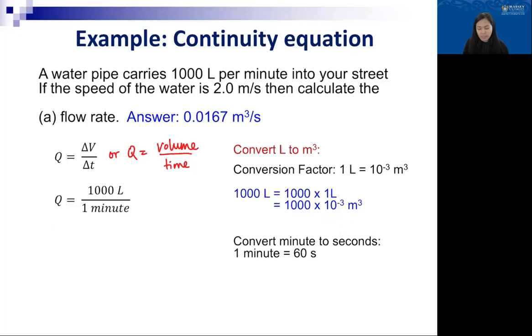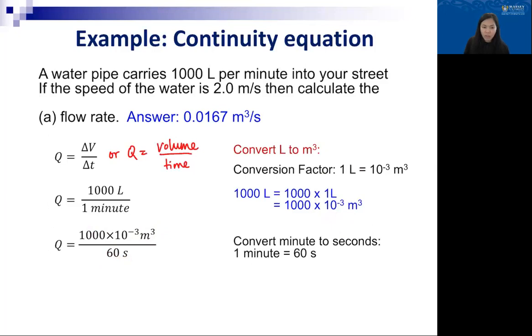And then for the time, 1 minute is equal to 60 seconds. We don't have to do much except know the conversion factor for time. So we now have the volume converted to cubic meters and the time converted to seconds.